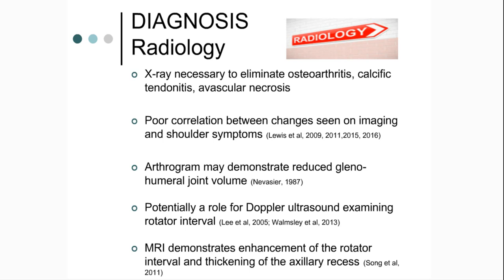Not only does it frustrate the patient, it also means that their frozen shoulder is roaring along and they're not getting any better. So I think that's something that we all need to remember. Arthrograms can show reduced joint volume, but again, by the time a person gets to the stage where an arthrogram is going to show that, we can probably diagnose them clinically anyway.